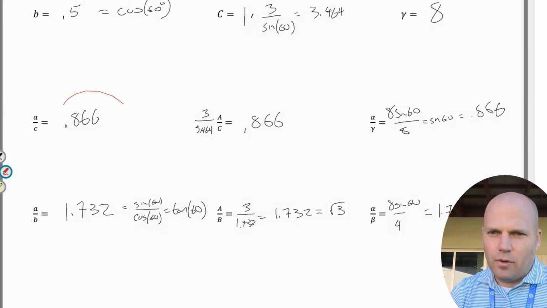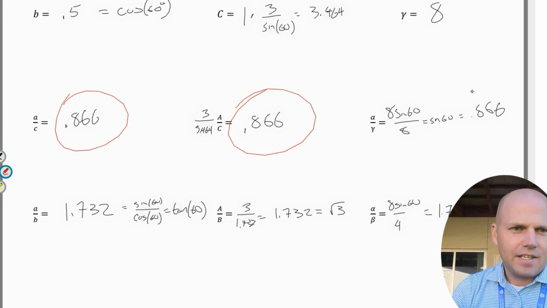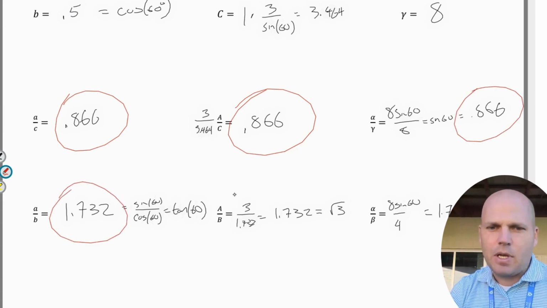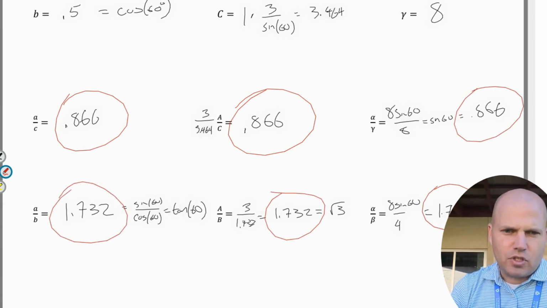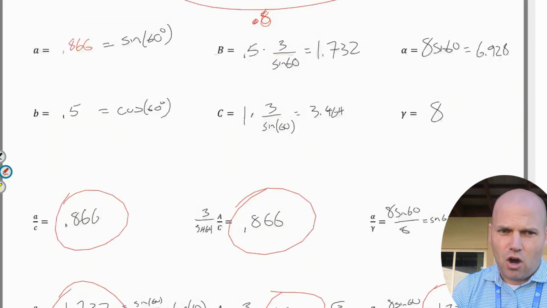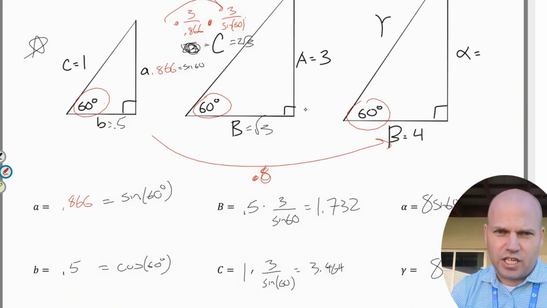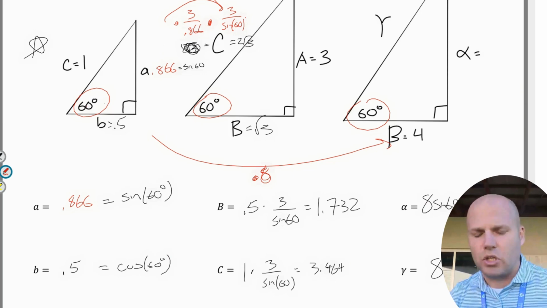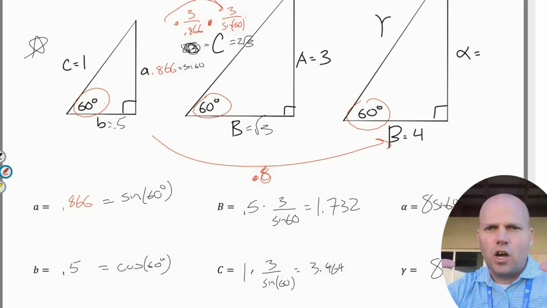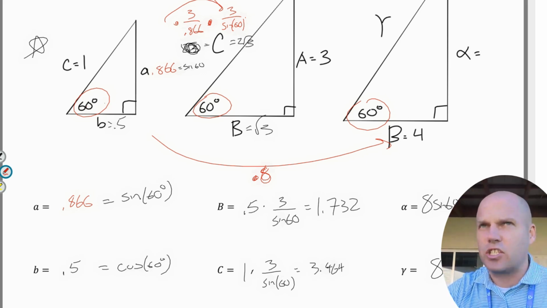What do we notice? Of course, guys, they're all the same shaped triangle. These are all 30, 60, 90 triangles. These are all the same shapes. They're all similar. What must be true? The ratios of the side lengths to these similar triangles must be consistent.